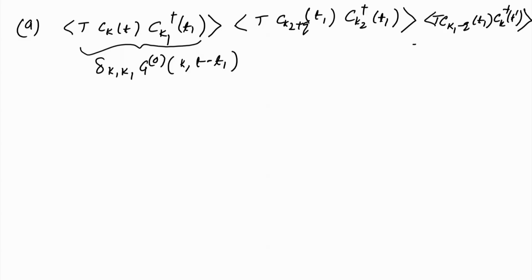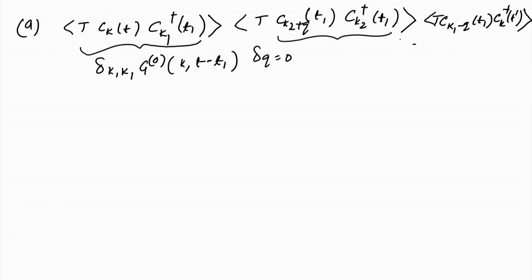Now, this one necessarily demands that because k2 plus q has to become equal to k2, which means that this is necessarily a delta q equal to 0, and now this is going to be a number operator because it is at the same time, at time t equal to T1.